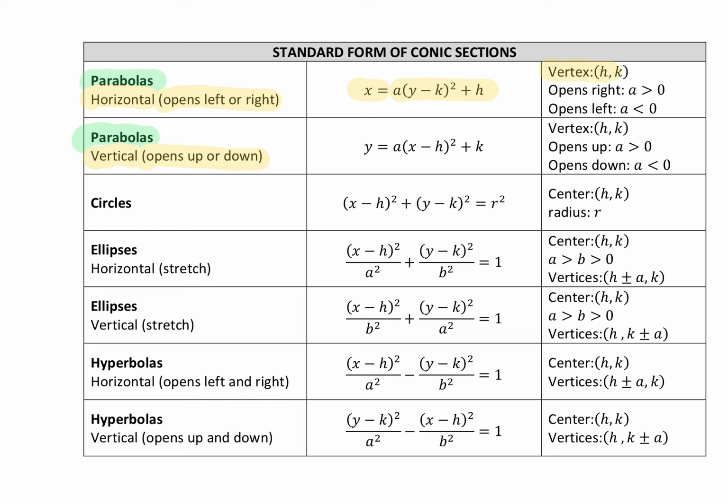The vertex is going to be (h, k), and the h is usually associated with the x value. k is associated with the y value. If the a in front of the parentheses (y minus k) squared is positive, or greater than 0, then it's going to open right. Negative, it opens left.